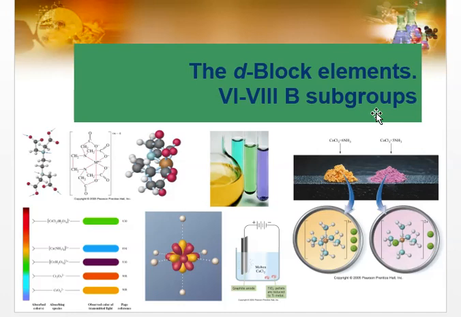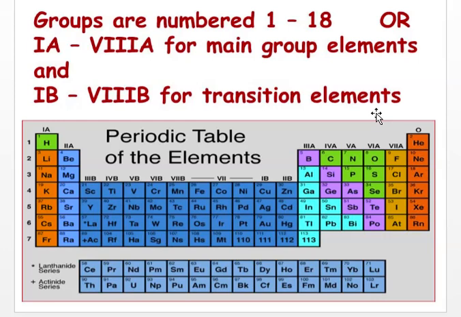As you know, these elements are related to D block elements. And in this slide, you can see the periodic table of the elements, the first B to 8th B subgroups.